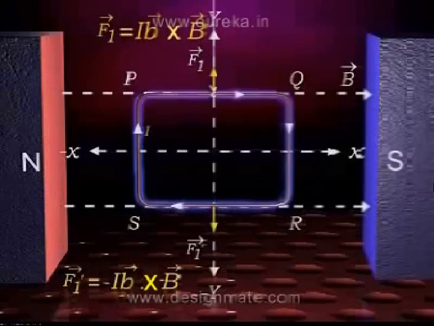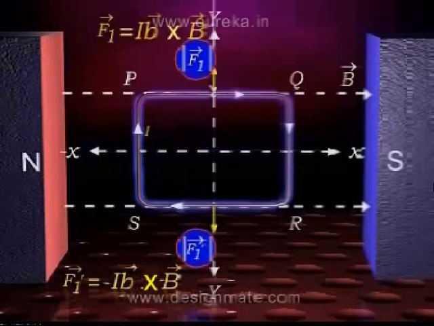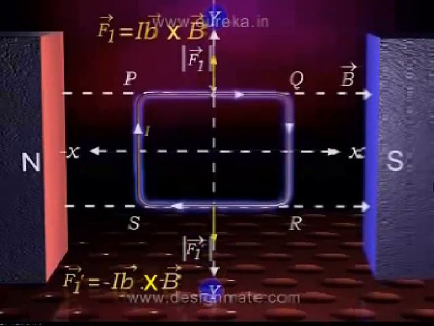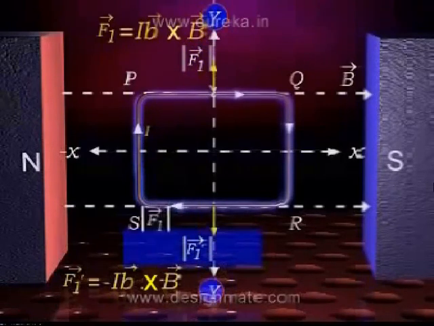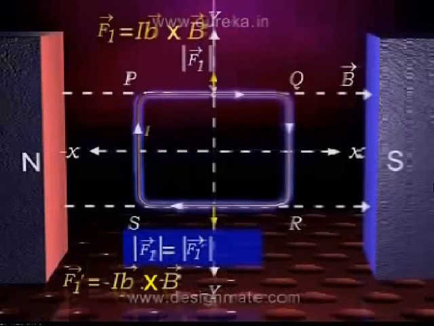Further, the forces modulus of vector F1 and modulus of vector F1 dash are also acting along the same line, that is, the y-axis. Being equal, opposite and collinear, they cancel each other.